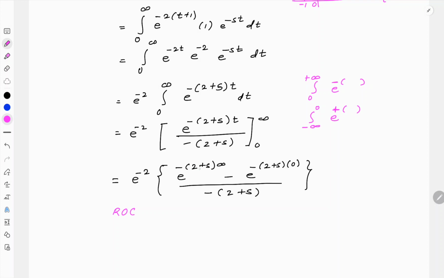The term e raised to minus (2 plus s) into infinity is e raised to minus infinity, but this term remains e raised to minus infinity only as long as 2 plus s is greater than 0. Therefore, we get the condition of ROC as 2 plus s should be greater than 0. Similarly, if you look at the second term, e raised to minus (2 plus s) into 0, anything multiplied with 0 is 0, and e raised to 0 is 1.